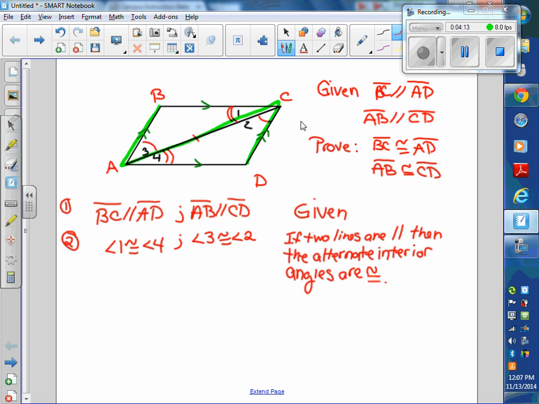Does that make sense? Then I can do Luke's same segment. AC is congruent to AC. Okay, and the reason is because it's the same segment property.